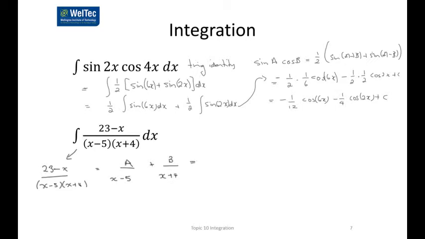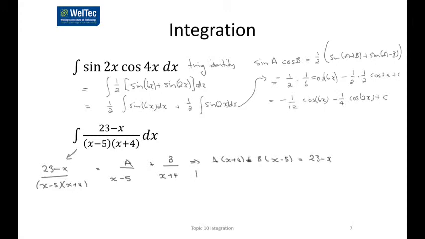From there, if you remember, we would get that a times (x plus 4) plus b times (x minus 5) will be equal to 23 minus x.